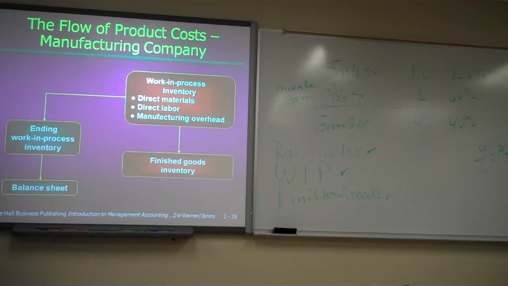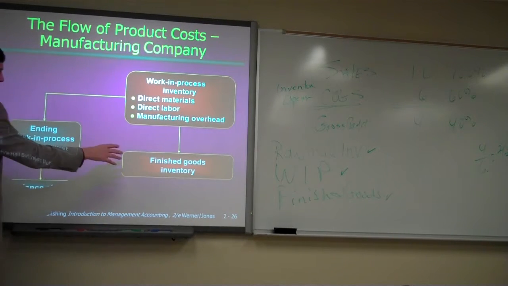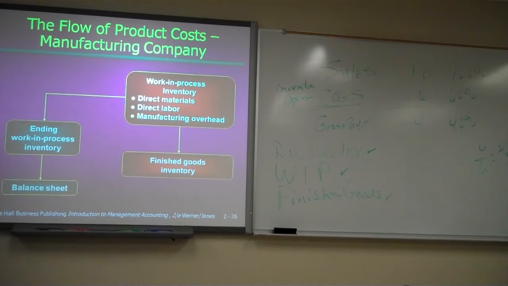Basically, when a job gets done in work in process, when it gets finished, it's taken out and it goes to finished goods. And that stays in finished goods on the balance sheet because it hasn't been sold yet. It may never sell. Hopefully it will, but it sits there until it's sold or if somebody steals it.